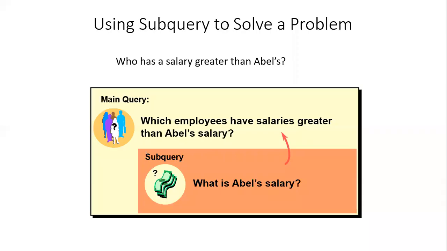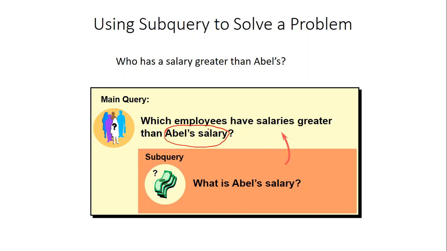So how can we utilize a subquery to solve a given problem? Suppose there is an employee table. Consider a scenario where you require the employees whose salary is greater than Abel's salary. The question is how you can identify the salary of Abel.